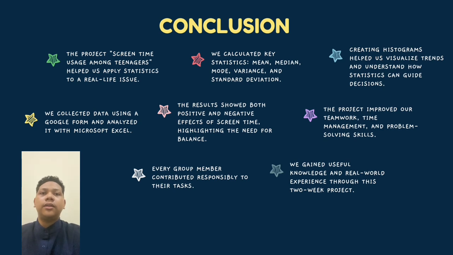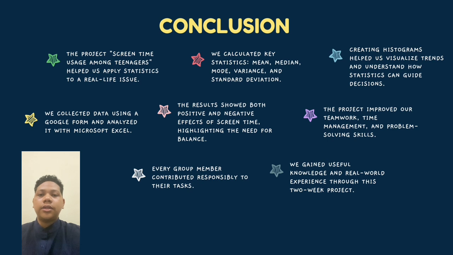Next, we calculated key statistics: mean, median, mode, variance, and standard deviation. The results showed both positive and negative effects of screen time, highlighting the need for balance. So the data gave us a clearer picture of the screen time habits among our respondents.